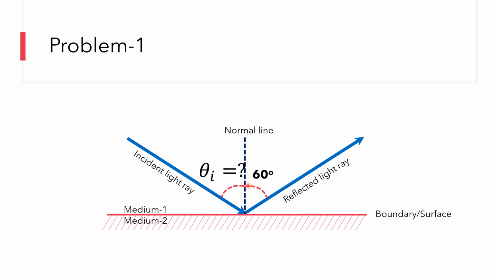The angle between the normal and the reflected light ray is the angle of reflection, and it is given. He is asking the angle of incidence. How much is the answer? Yes, 60 degrees. According to the first law of reflection, angle of incidence equals angle of reflection. So the answer is 60. Very simple.